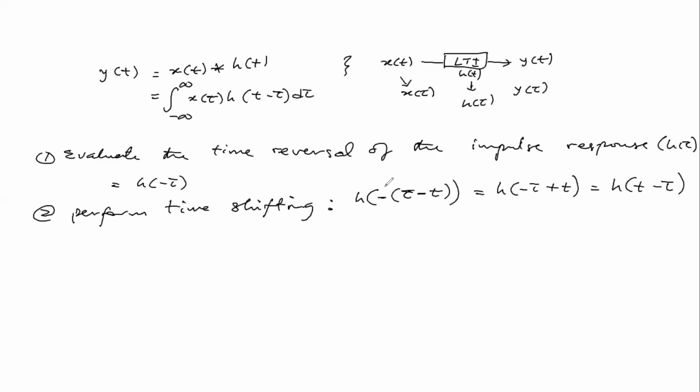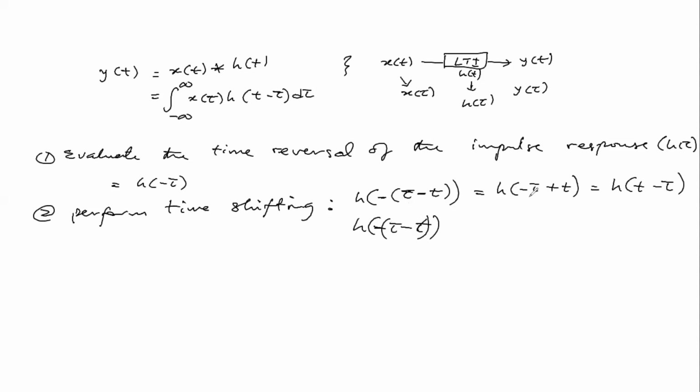So that's why you see that we did not present h of negative tau minus t. Now, this will not be typical of the time shifting of this component, but rather it is in brackets, so that this negative sign has an impact on the entire time shifting process.